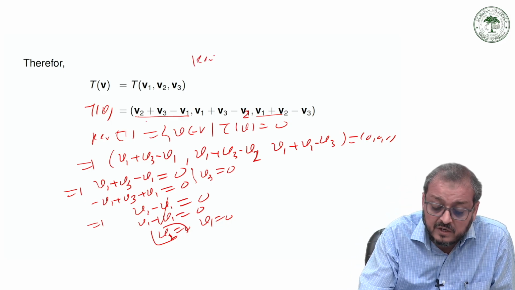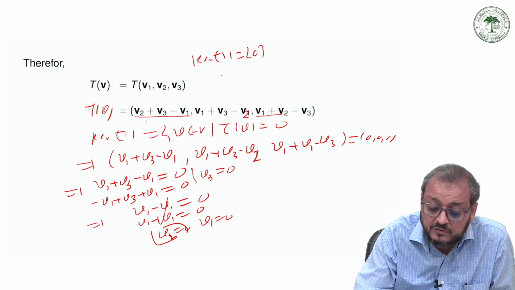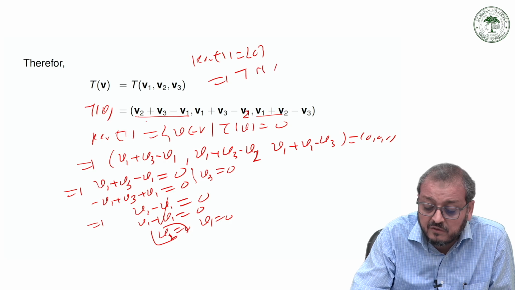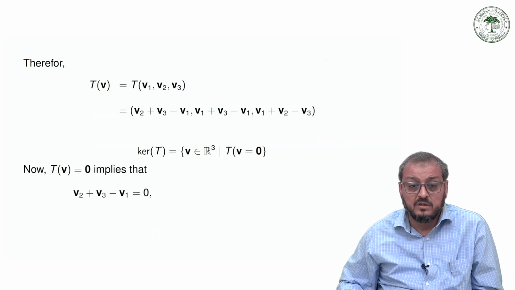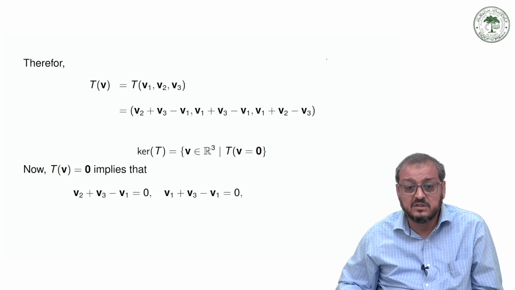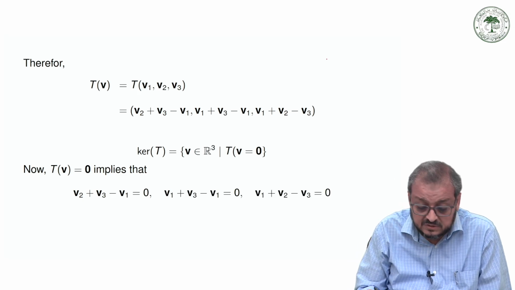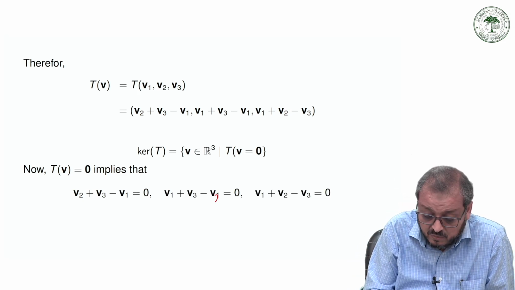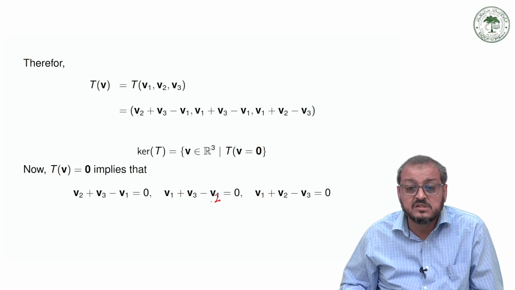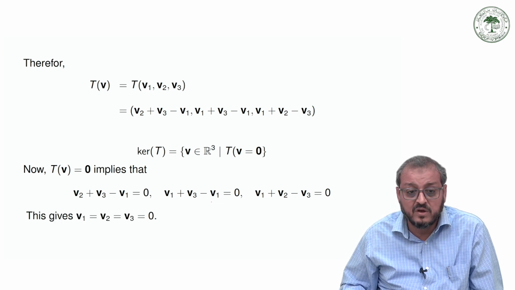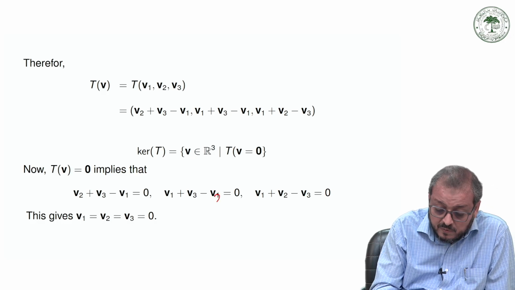So, we can say that the kernel of T is equal to the zero subspace. This implies that T is one-to-one.